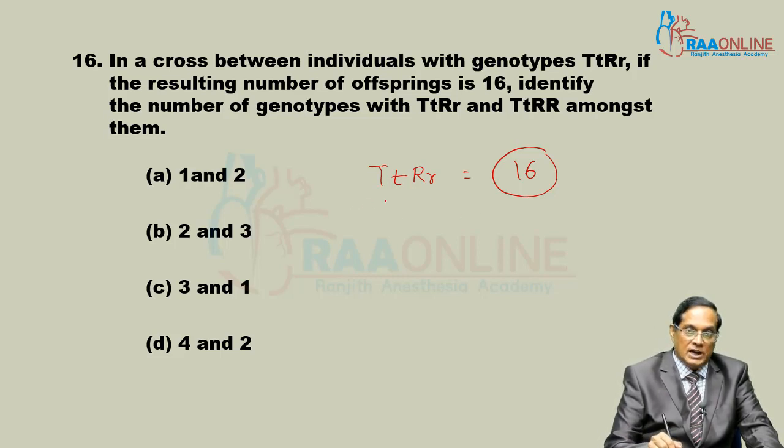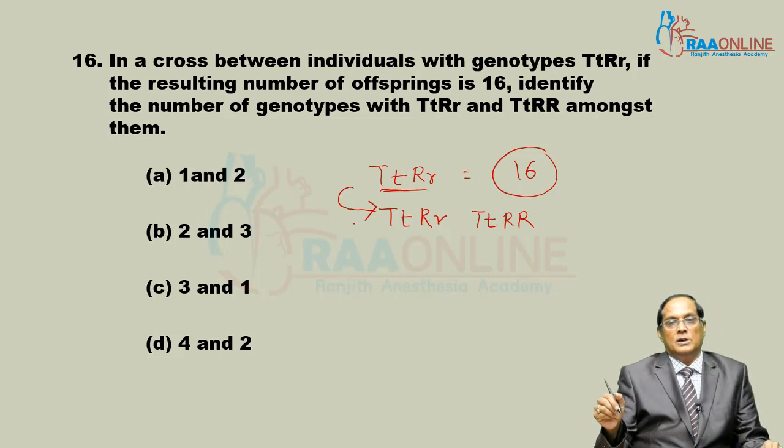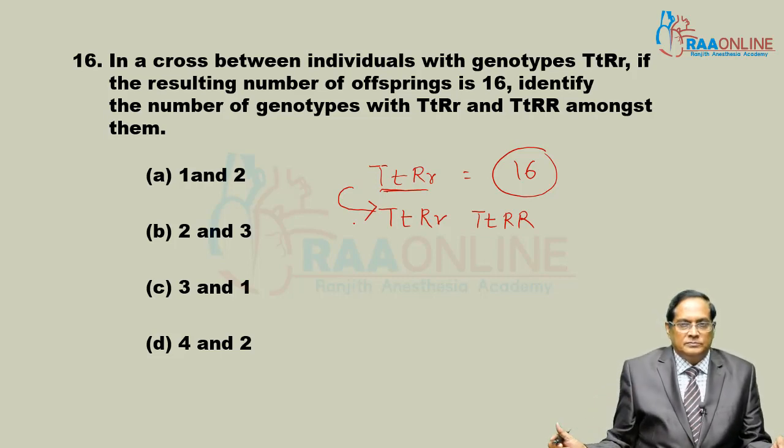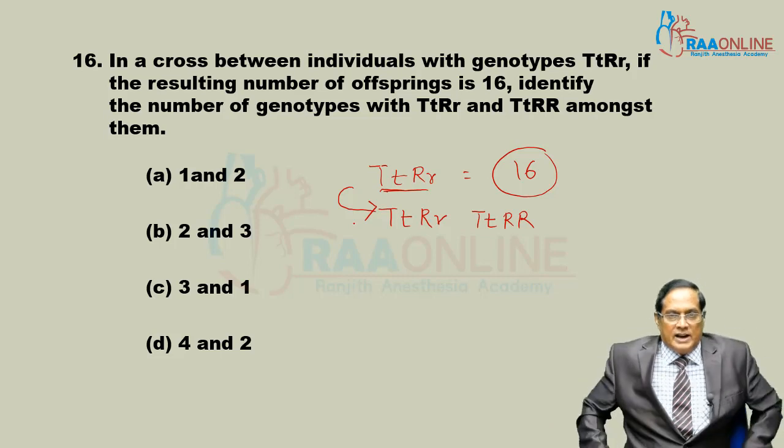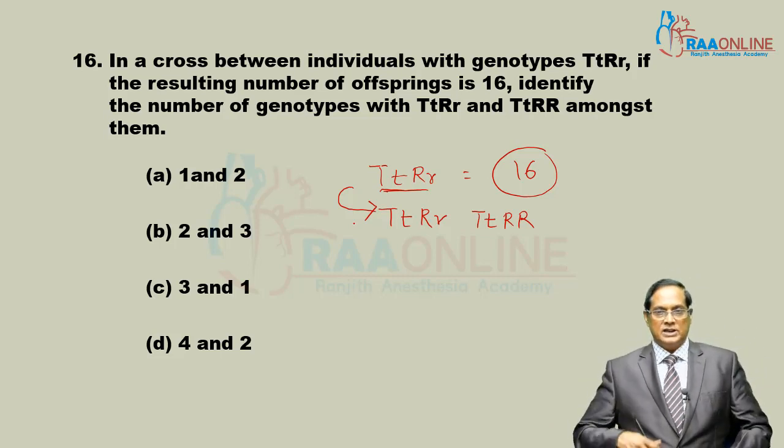Number of genotypes of this particular plant: capital T, small t, capital R, small r, and the second option is capital T, small t, capital R by the selfing of this plant. How many are there? Apply the monohybrid ratio directly without making a checkerboard.